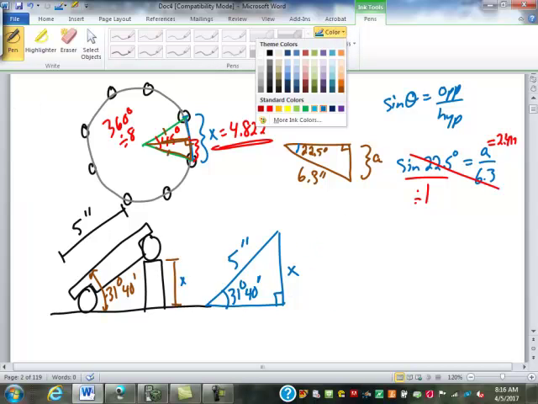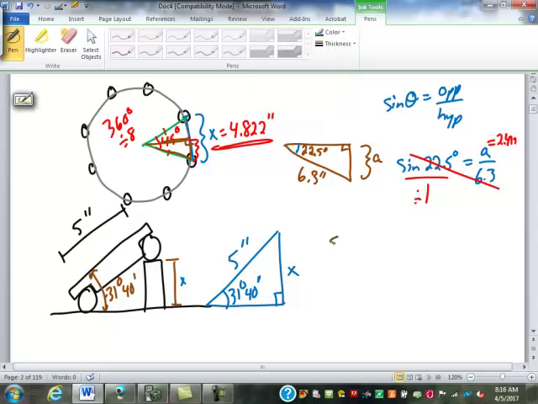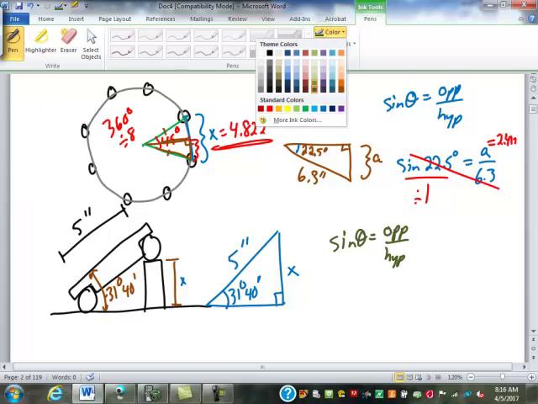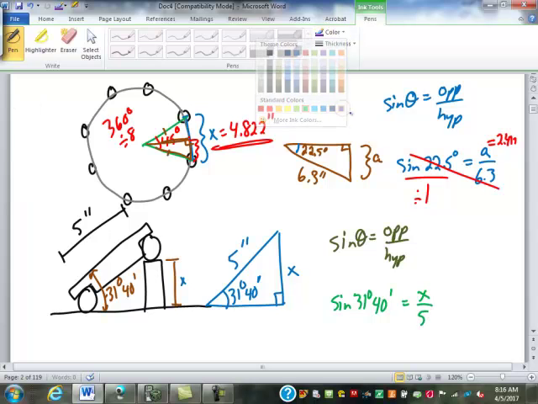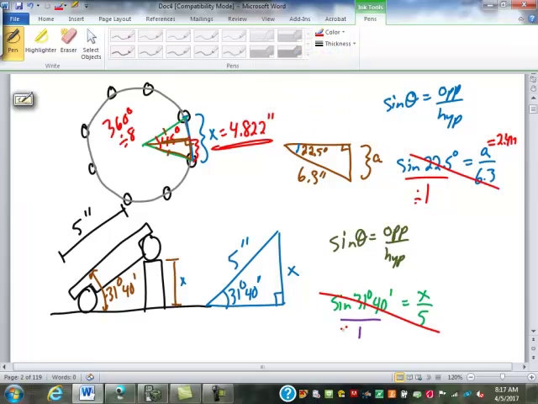So we have opposite and hypotenuse. That's going to be a sine. So we put in the sine of 31 degrees 40 minutes equals x over 5. Put it over 1 so we can cross multiply and divide.